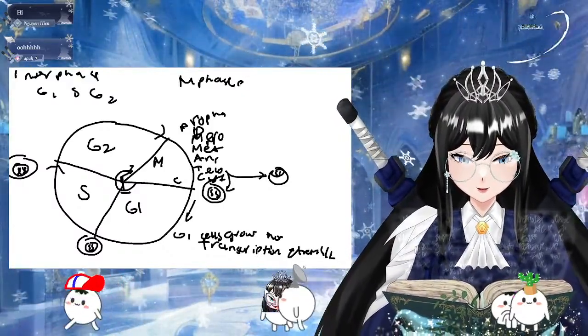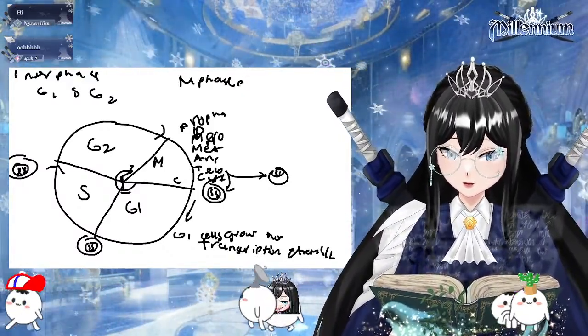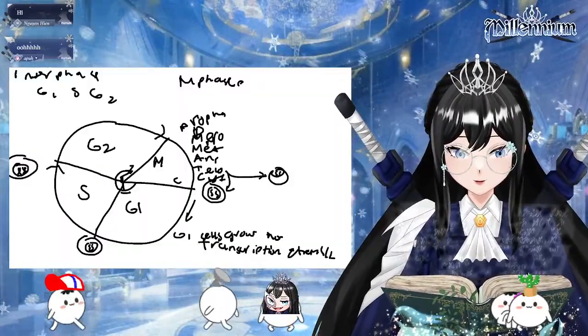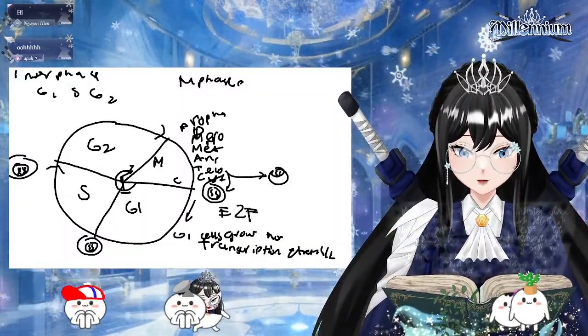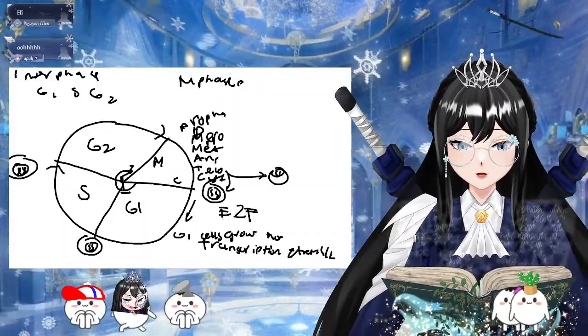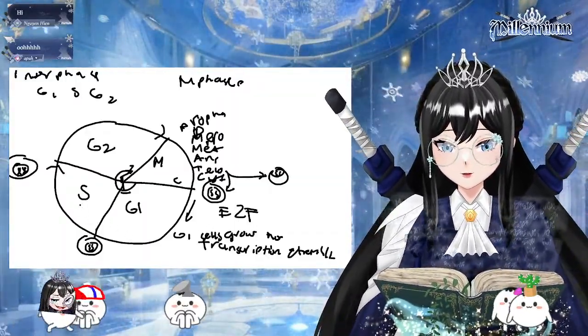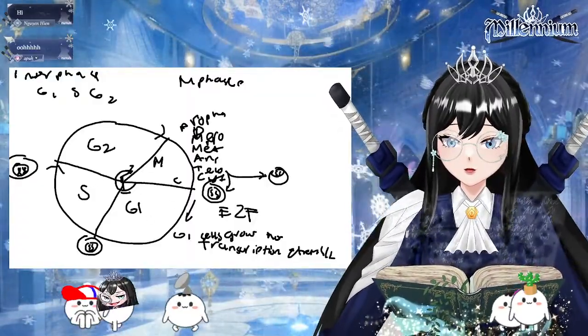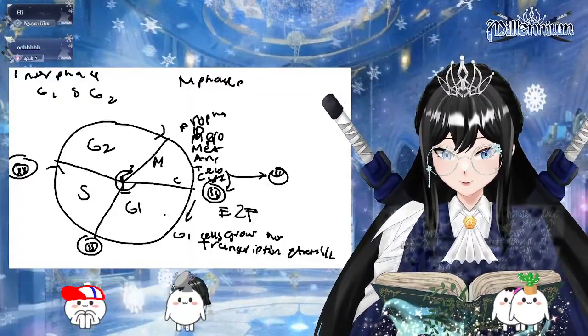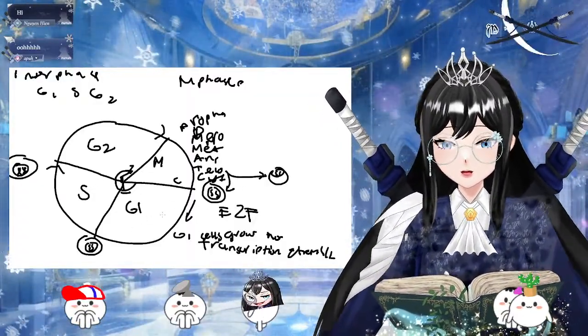Okay, in terms of gene expression, in G1, transcription factors like E2F are activated to drive the expression of genes through the S phase. But in mitosis, transcription is halted because of chromatin condensation.